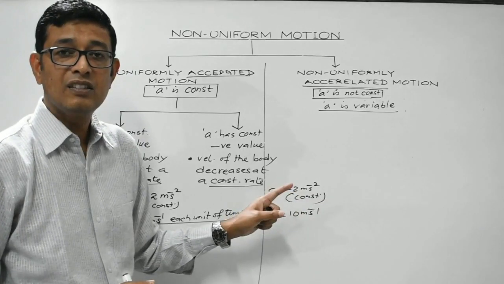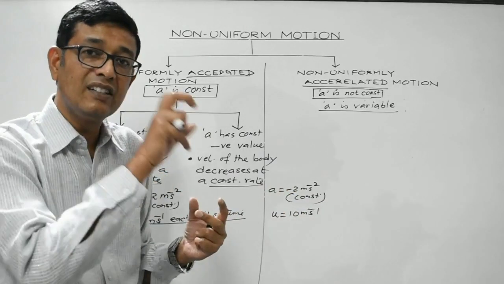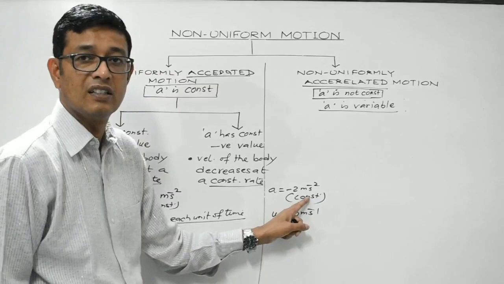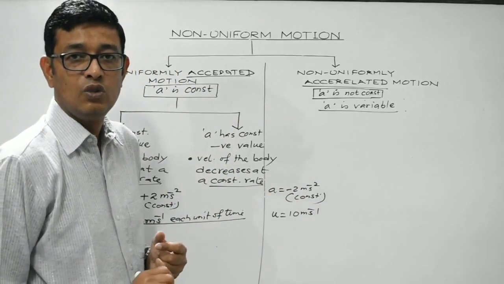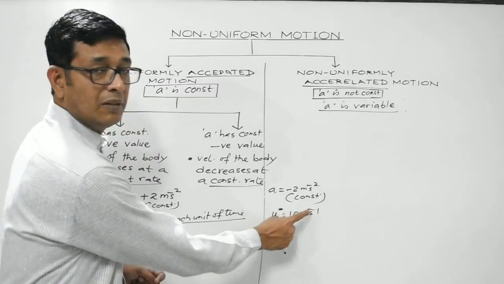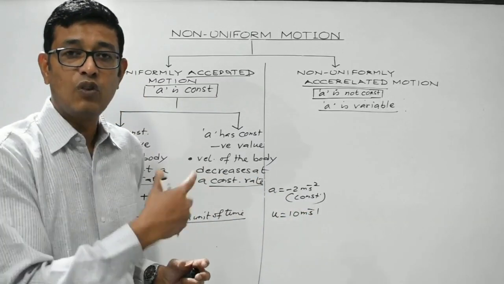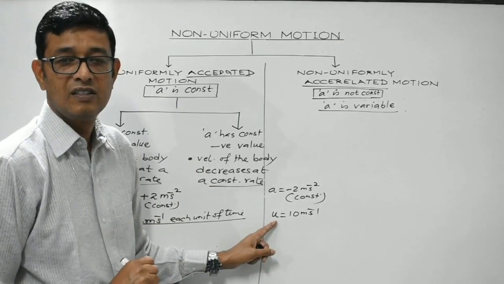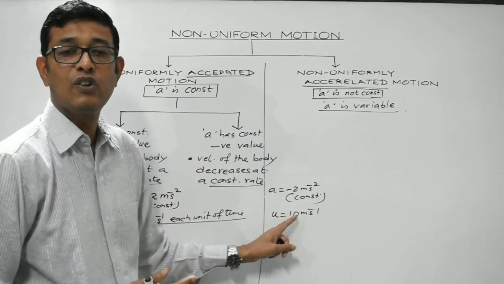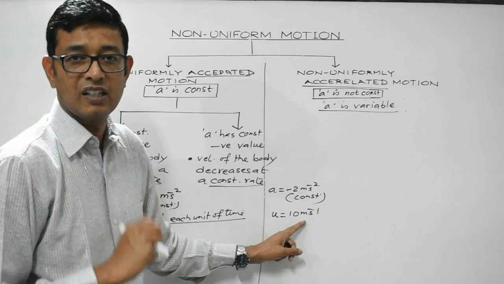A negative means the velocity of the body is decreasing, and since A is constant, therefore the velocity of the body is decreasing at a constant rate. So if initially the velocity of the body is 10 meter per second, after 1 second the velocity would be 8 meter per second. After 2 seconds its velocity would be 6 meter per second.